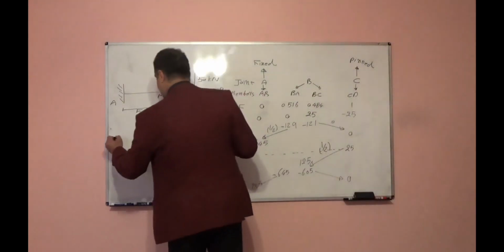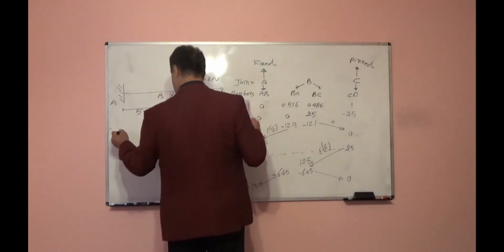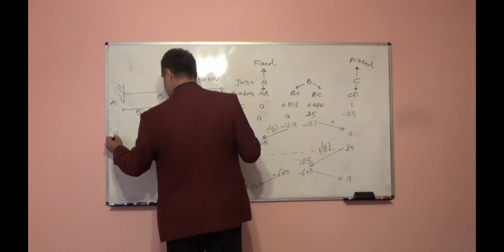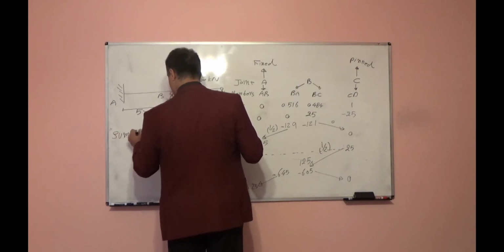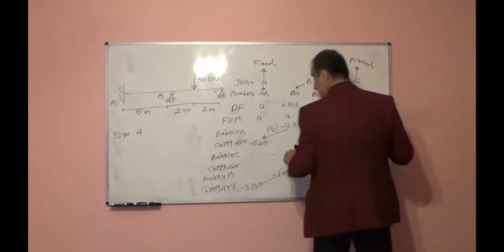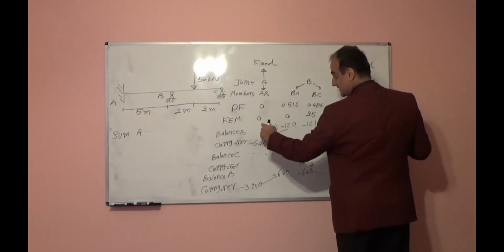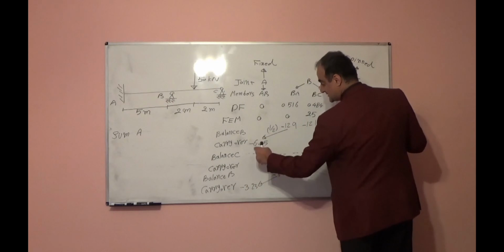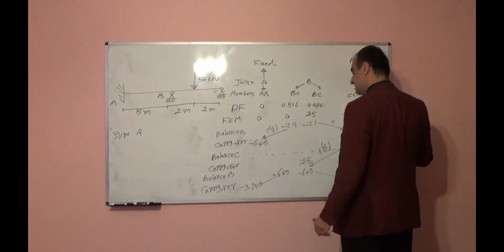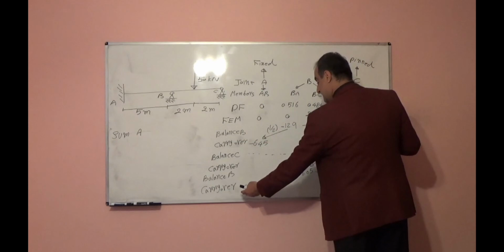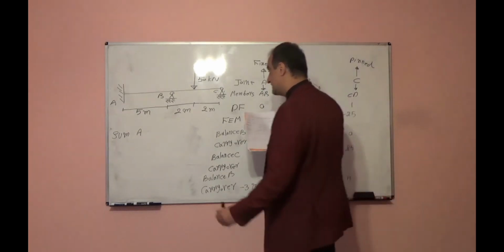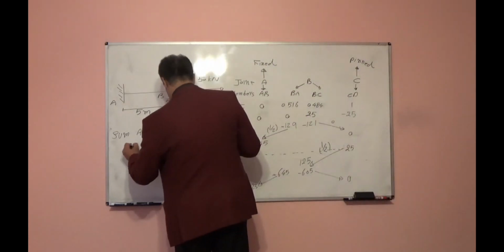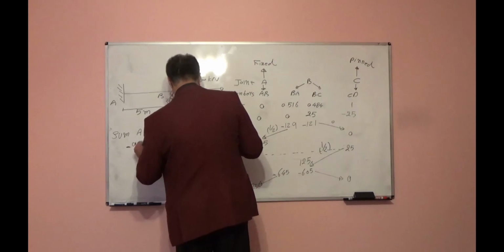So the sum for joint A, we will have fixed 0, one moment, another moment: 0 plus negative 6.45 plus negative 3.23 will be negative 9.68.